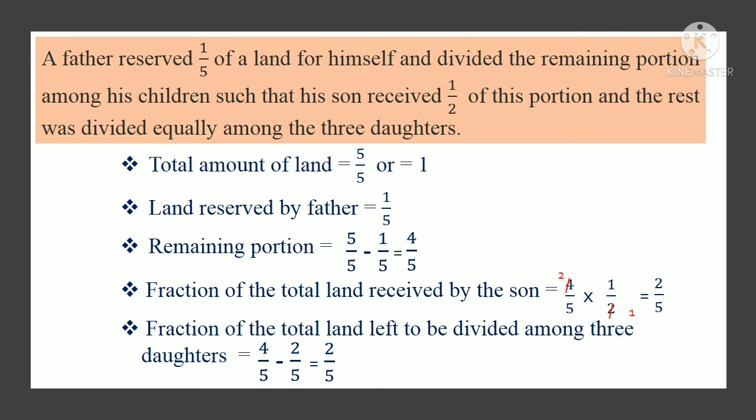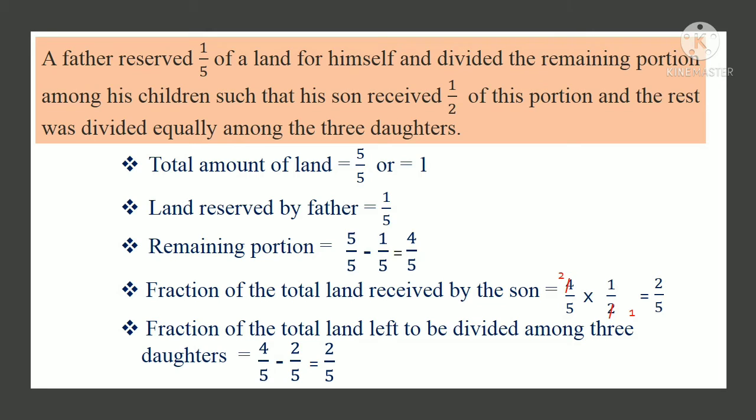Then for 2 and 1, we can cancel the numerators and denominators. For 2, 1 and for 4 there are 2 2's, right? Then directly multiply the numerators and denominators. 5 times 1, 5. That is the denominator.